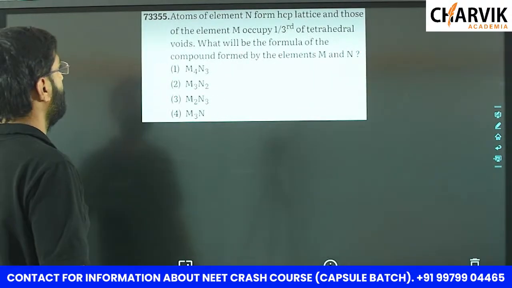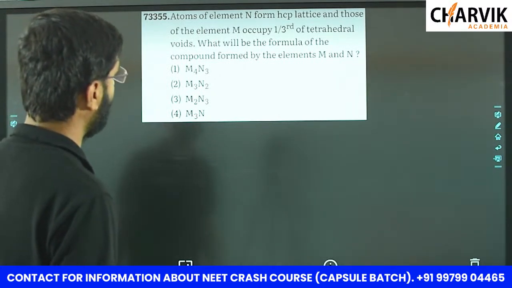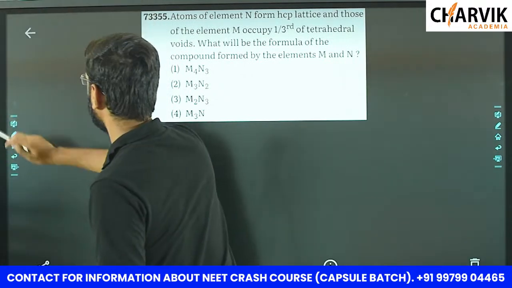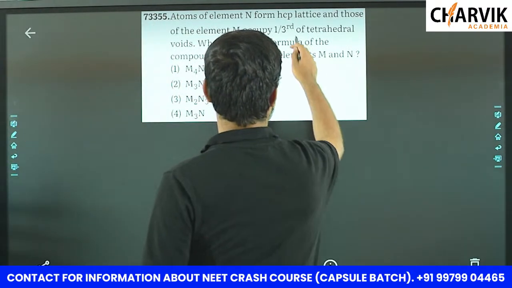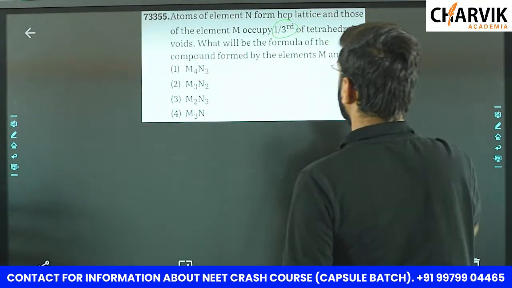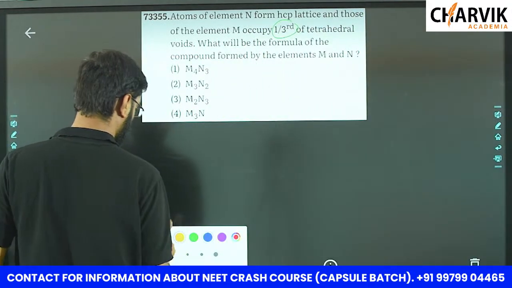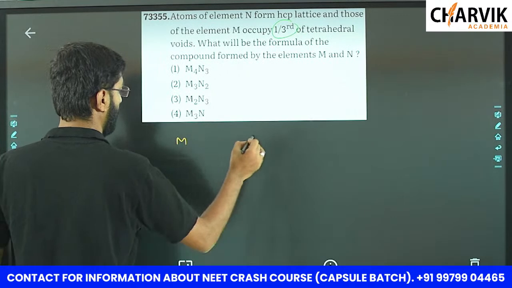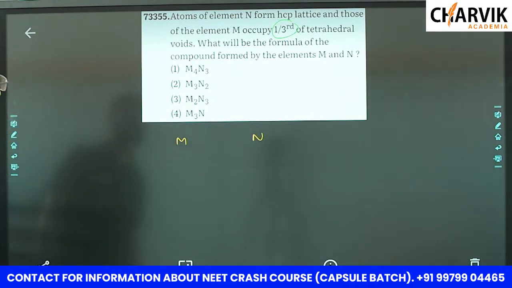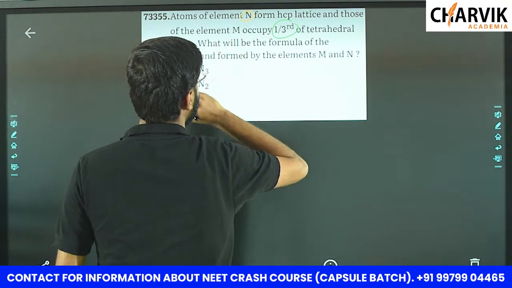Move to next. Atoms of element N form HCP lattice and those of the element M occupy one third of tetrahedral voids. What will be the formula of compound formed by M and N? According to question, we have two types of element, M and N. N forms HCP lattice.